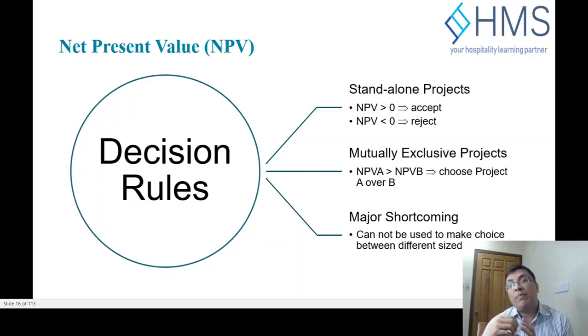But from the investment point of view, you are spending $100,000 today, whereas in the earlier project you get $5,000 while spending only $10,000. So the NPV rule is not going to help in making decisions for those kinds of cases.